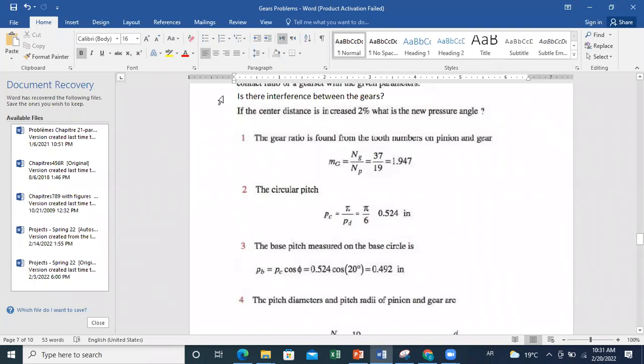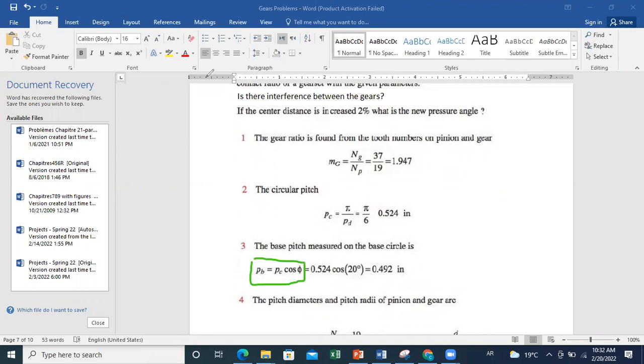So all you have to do is to use your pressure angle. Knowing the value of your circular pitch, you can deduce the value of your base pitch, which is measured on the base circle, using the following formula, which is PC times cosine phi.